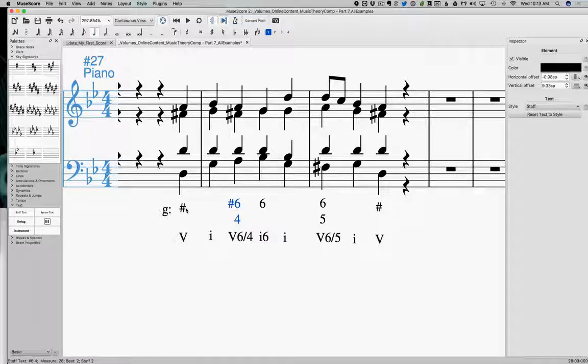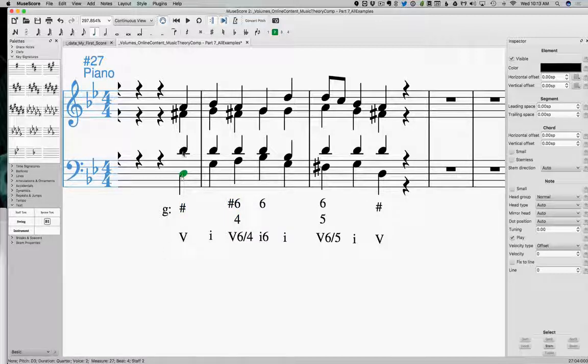I see a lot of the time when people are learning this, a mistake they might make is when they see a sharp like this, they assume that means all notes are sharped, which is entirely not true. And in a case like this, they might assume both the 6 and the 4 are sharped. Also not true. The accidental applies once to one number only.